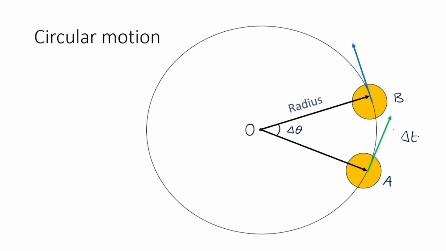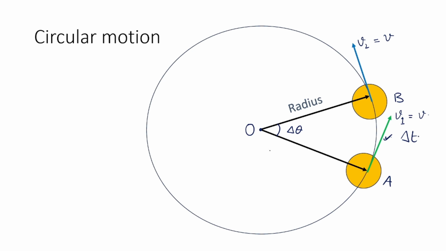The green arrow, which is tangent to the circle here, represents velocity at A, and because I'm taking magnitude and direction, I will write it as v1, though in magnitude it's v. And at point B, the velocity of the yellow sphere is represented by v2, which is again in magnitude v.